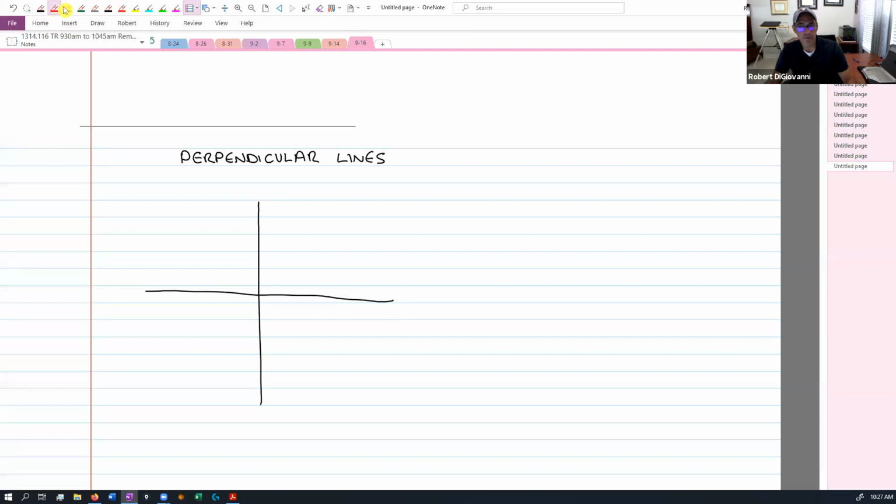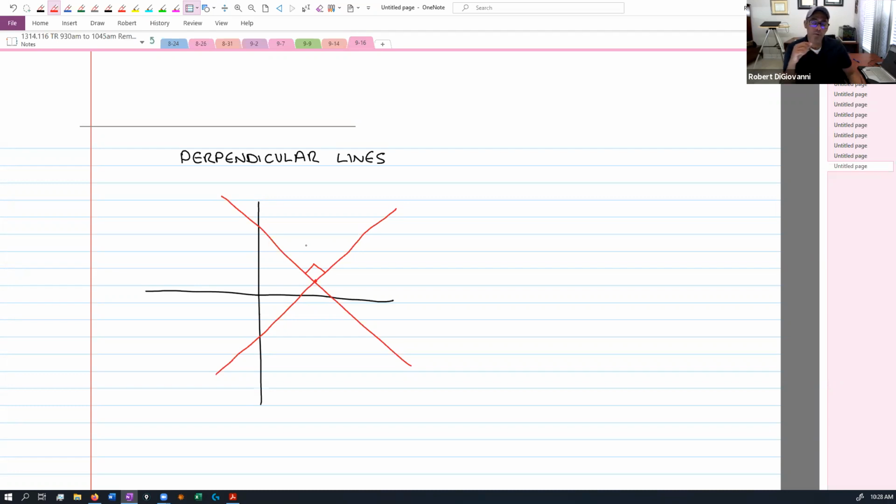Perpendicular lines have the property that when you draw them, they intersect at one point, but they intersect at what we call a 90-degree or a right angle. So it's a perfect T. It doesn't have to be straight up and down. It can be any sort of rotation, but they have to maintain that little T to be called perpendicular. Now, of course, if you take a vertical and horizontal line, those would be perpendicular. But you can twist it a little bit and it's still perpendicular.